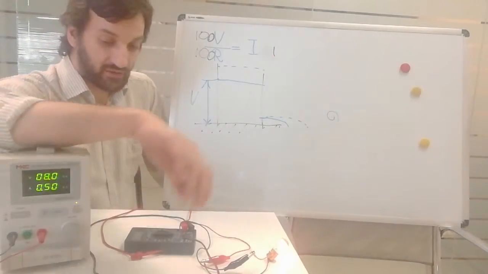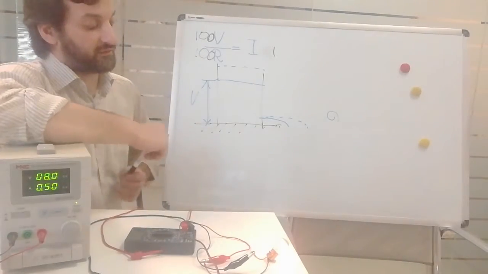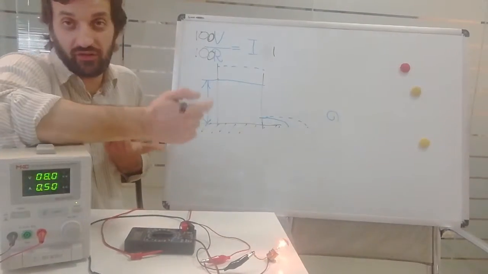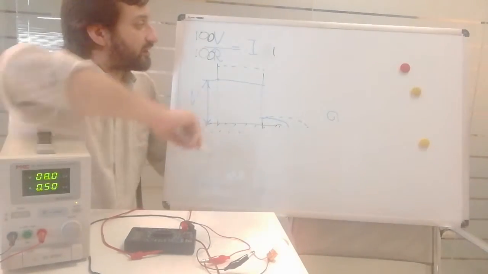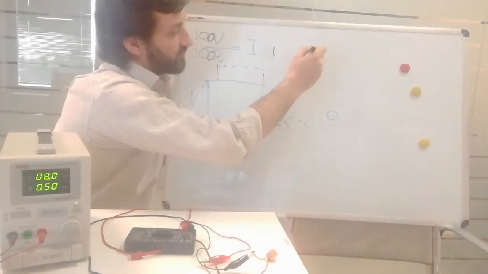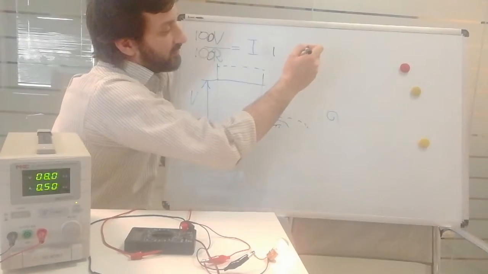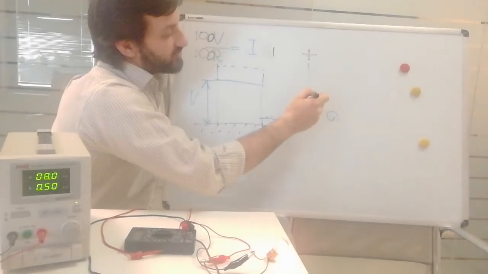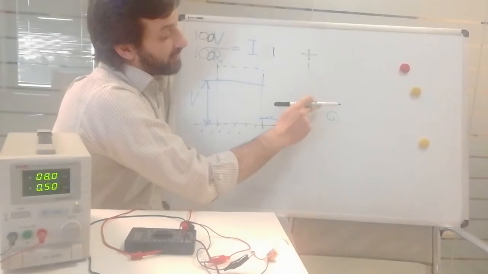One last thing. Current, as a standard that you will find in electrical circuits and the drawings thereof, goes from positive to negative.